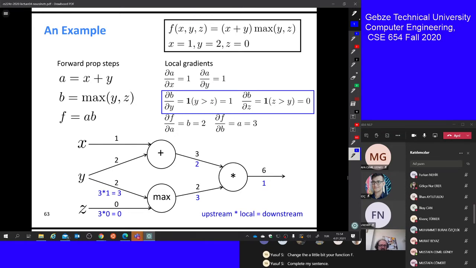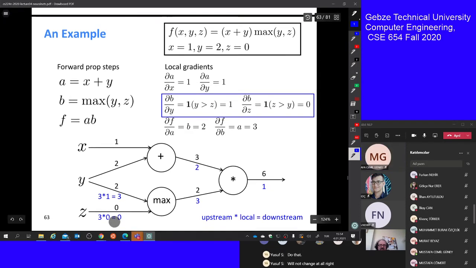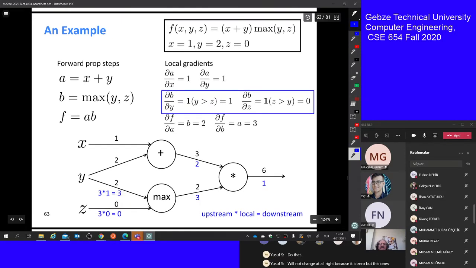Change z a little bit and your function f will not change at all, right? Because it is 0. But this one says that change y a little bit and your function will increase by the amount of 3. It is not negative.